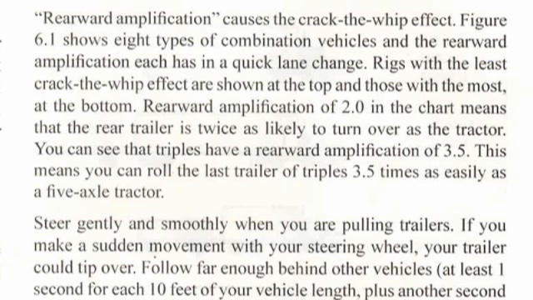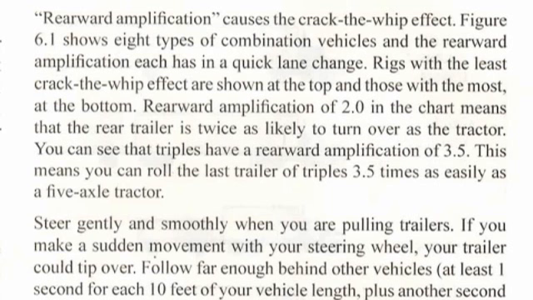Figure 6.1 shows 8 types of combination vehicles and the rearward amplification each has in a quick lane change. Rigs with the least crack the whip effect are shown at the top, those with the most at the bottom. The most dangerous ones are at the bottom of the picture.